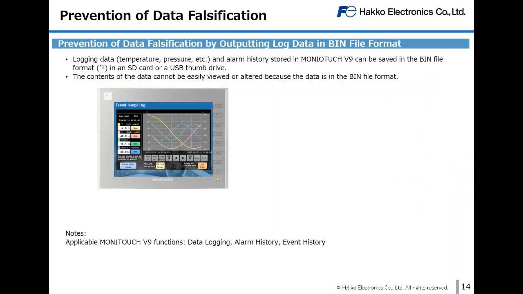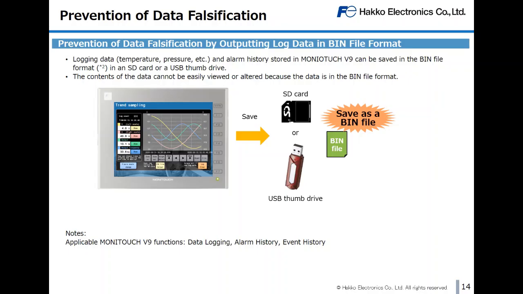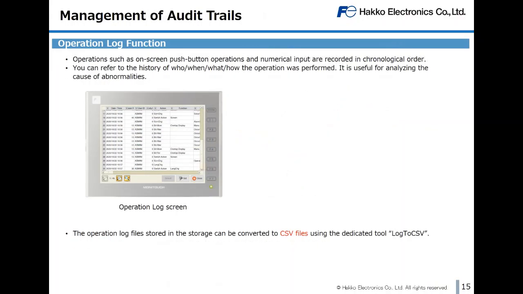For the purpose of prevention of data falsification, logging data and alarm history can be saved in the binary file format. To convert the binary file to a CSV file, a dedicated tool is required. For the management of audit trails, we have operation log function.